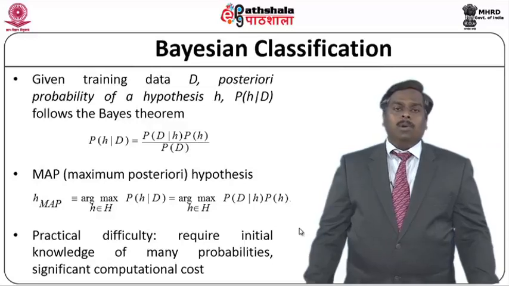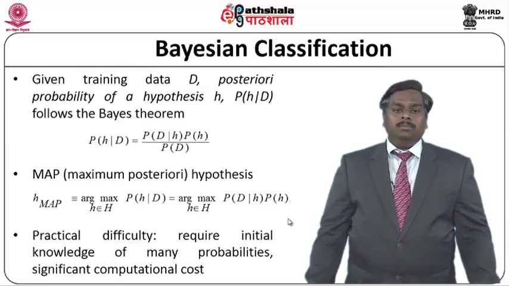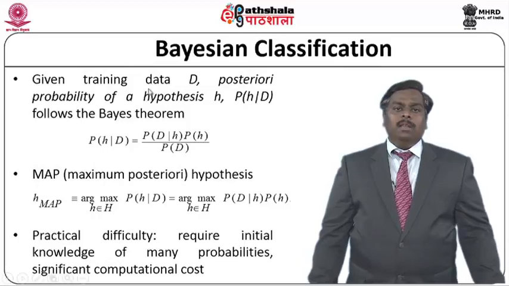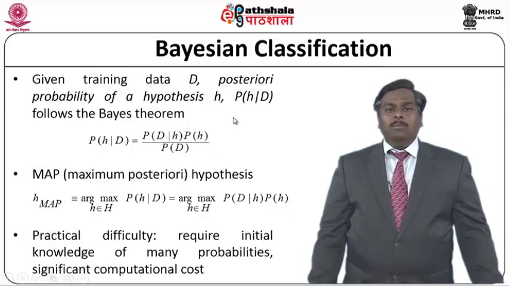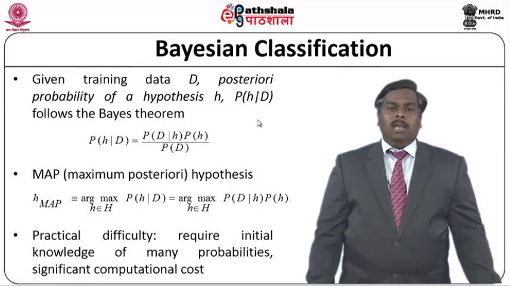Based on the classification model, we will try to identify rules or predict a class label for any new data. We take the data and propose a hypothesis. The hypothesis is nothing but an outcome of the model, and then we try to justify for which particular data the conditional probability is high.